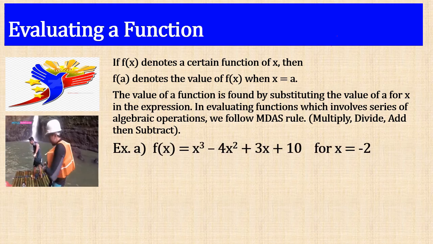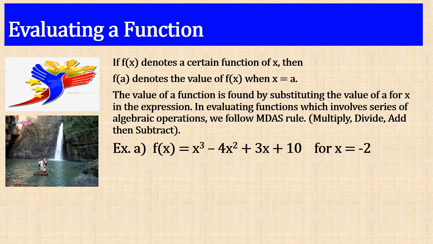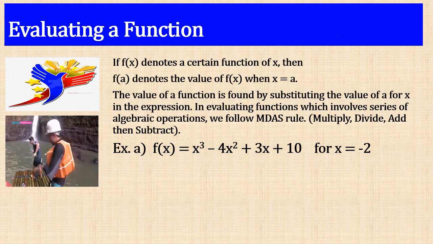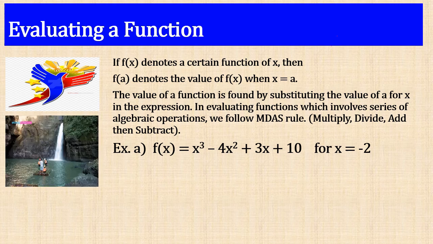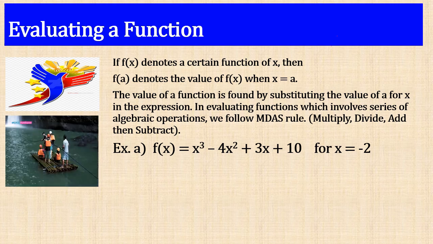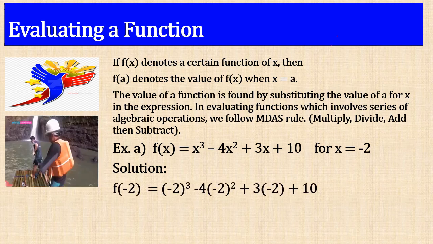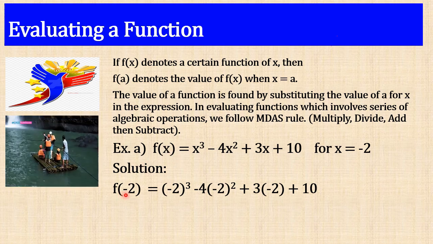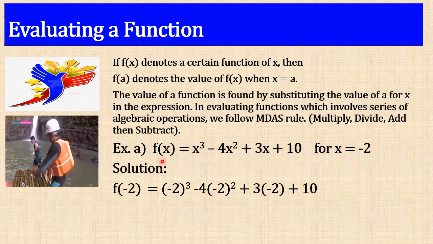So we have an example. F of x is equal to x cubed minus 4x squared plus 3x plus 10 for x is equal to negative 2. Ito raw po ay pwede nating isulat na f of negative 2 sa halip na f of x, ano? F of negative 2. Yan, tingnan niyo po yung nagiging pagkakaiba, no?